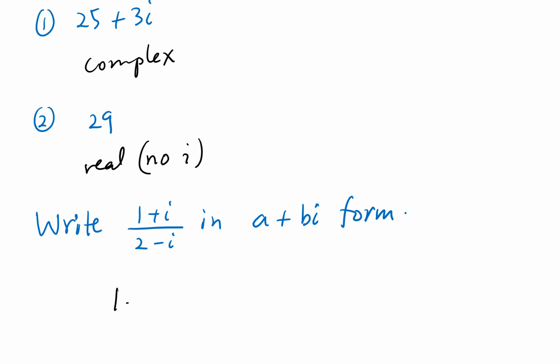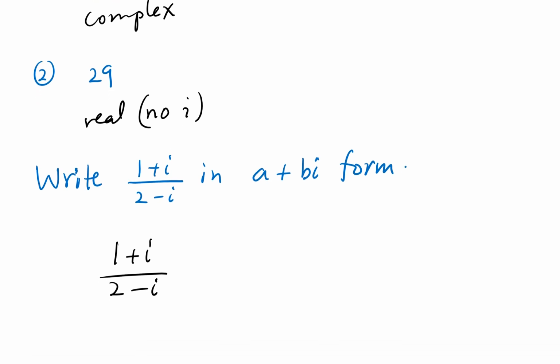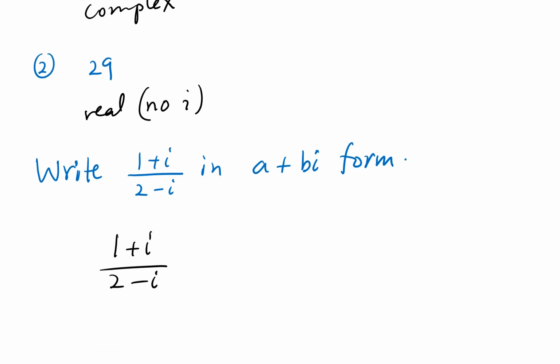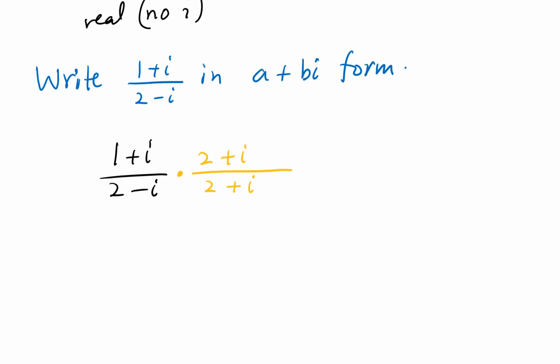To write in this form, we take the fraction and we rationalize the denominator as we did in radicals. So what you do, you multiply the top and the bottom by what we call the conjugate of the denominator, by switching the middle sign in the denominator. If it's minus, you make it plus. If it's plus, minus.